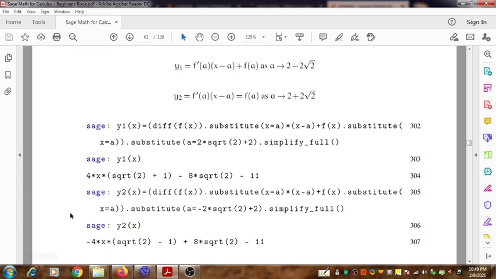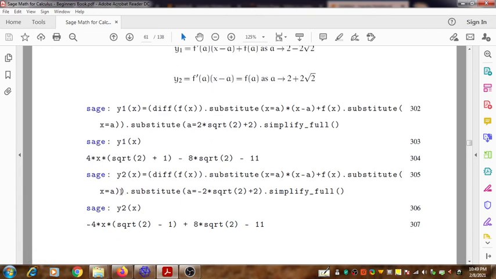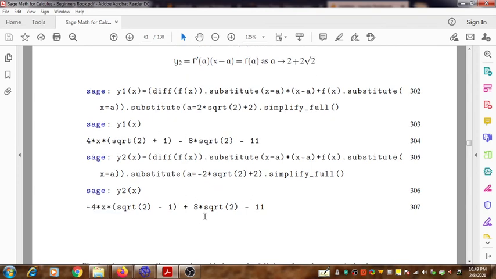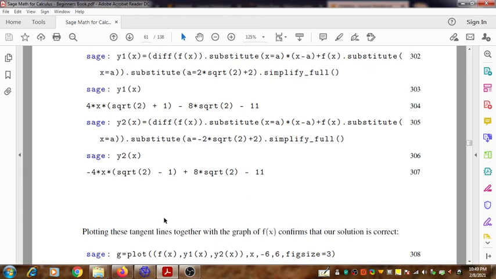You can take the output y2 also. Thus you get the equations of the two straight lines.